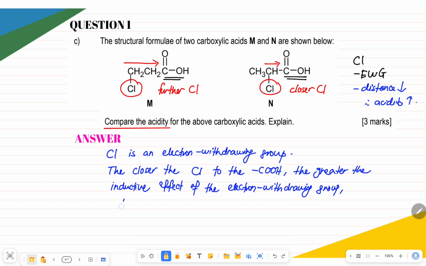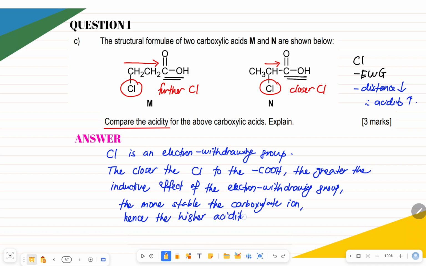Therefore, the more stable is going to be the carboxylate ion. So the more stable the carboxylate ion, hence the higher acidity.